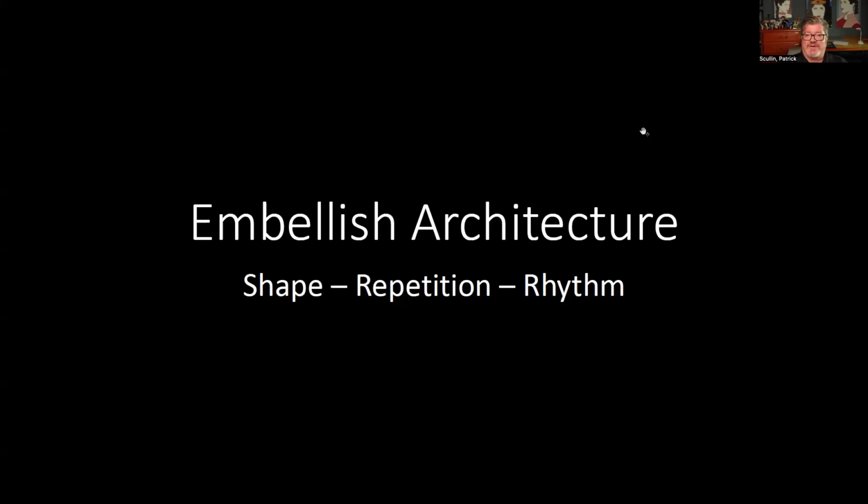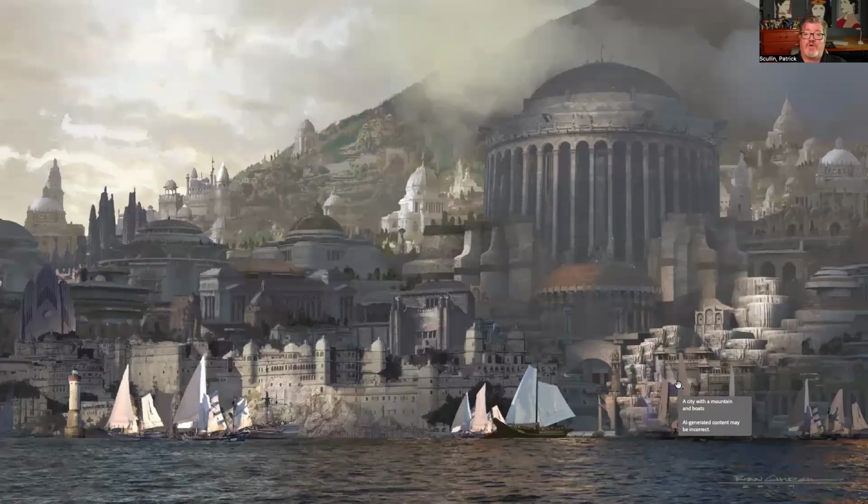Embellish the architecture. So use shape, repetition, and rhythm. Use architectural features in that way to really show and develop your culture. So here are some examples from Ryan's portfolio about this ancient, what looks like kind of a Roman or classic architecture. You can see the columns and the domes and the rounded shapes.